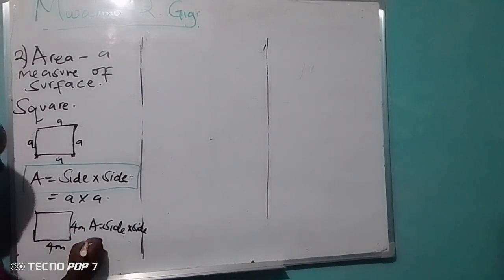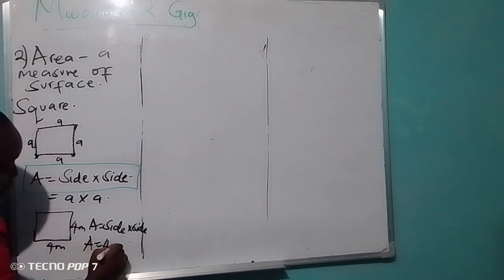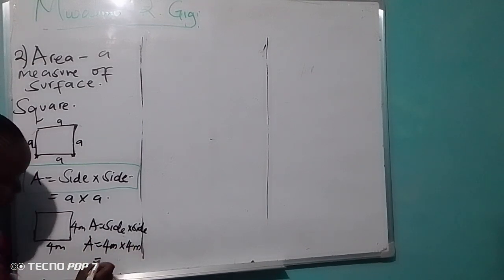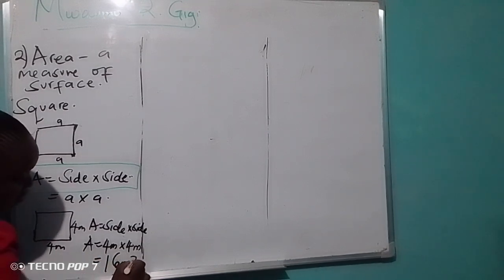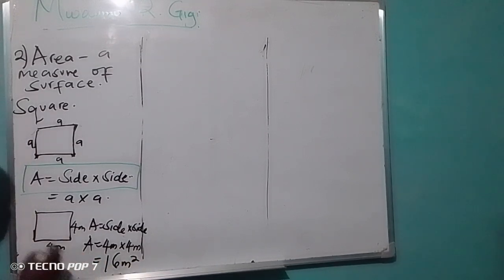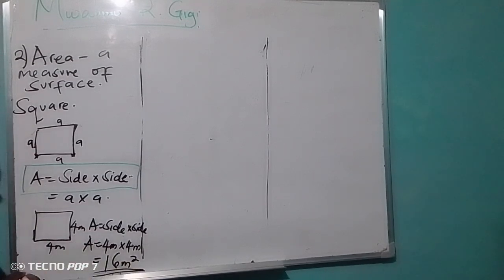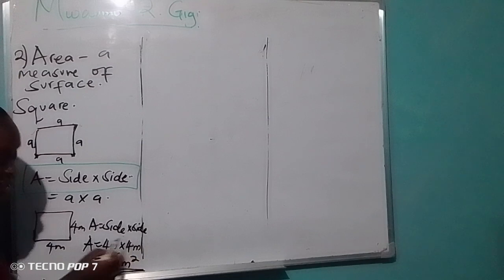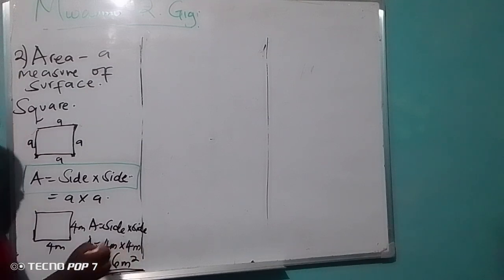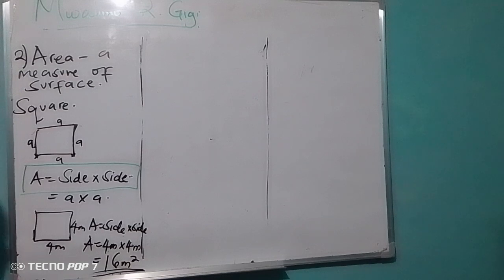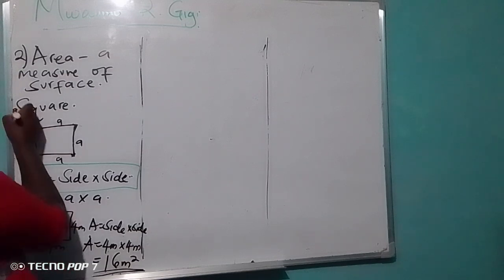So area itakuwa 4 meters times 4 meters. Answer itakuwa 4 times 4, 16 meters squared. Sijui kama umenotice, 16 meters squared. M times M, meters times meters, meters squared. So that is a square.